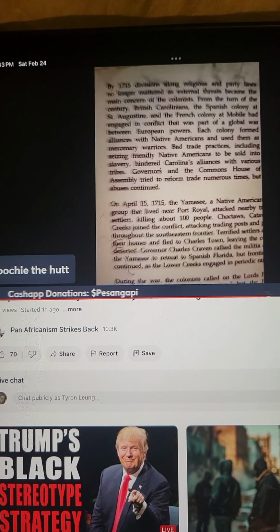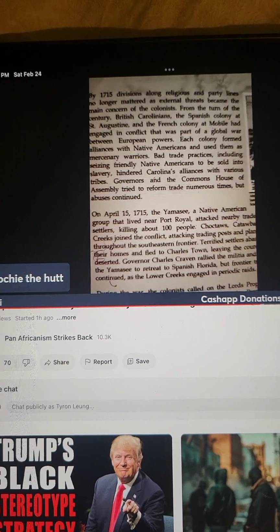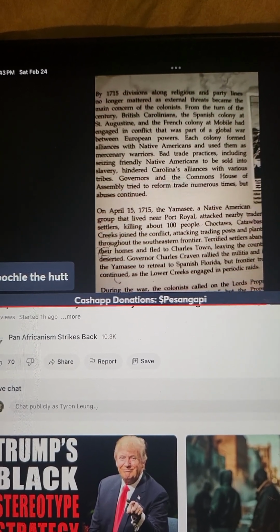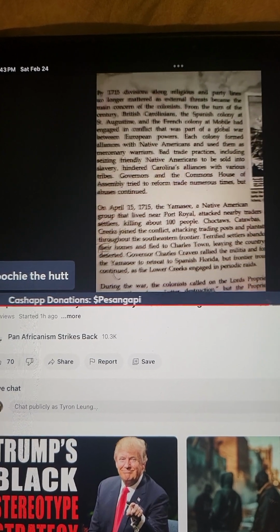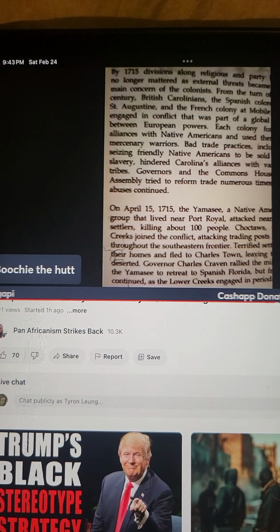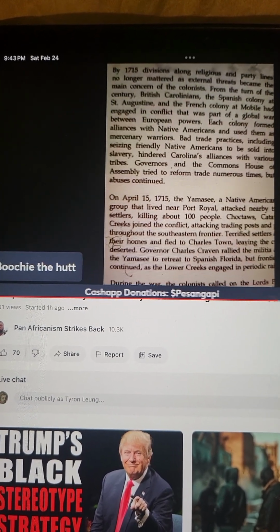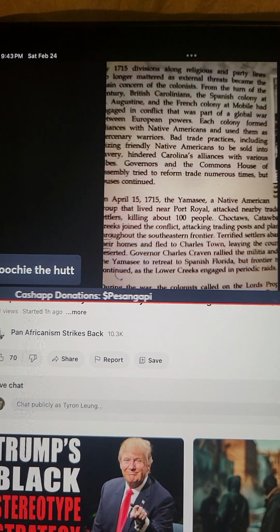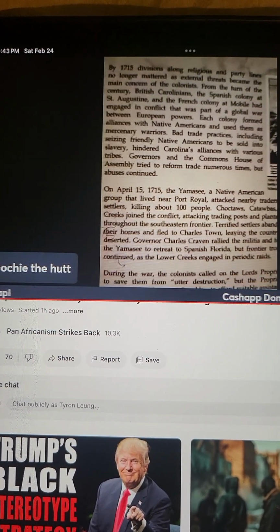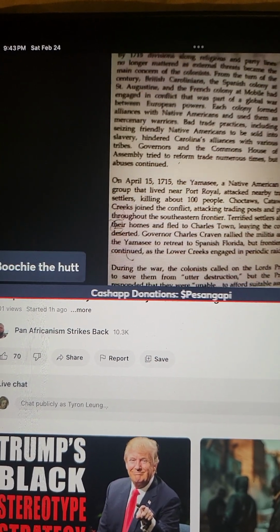By 1715, divisions along religion and party lines no longer mattered as external threats became the main concern of the colonists. From the turn of the century, British Carolinians, the Spanish colony at St. Augustine, and the French colony at Mobile had engaged in conflict that was part of the global war between European powers.